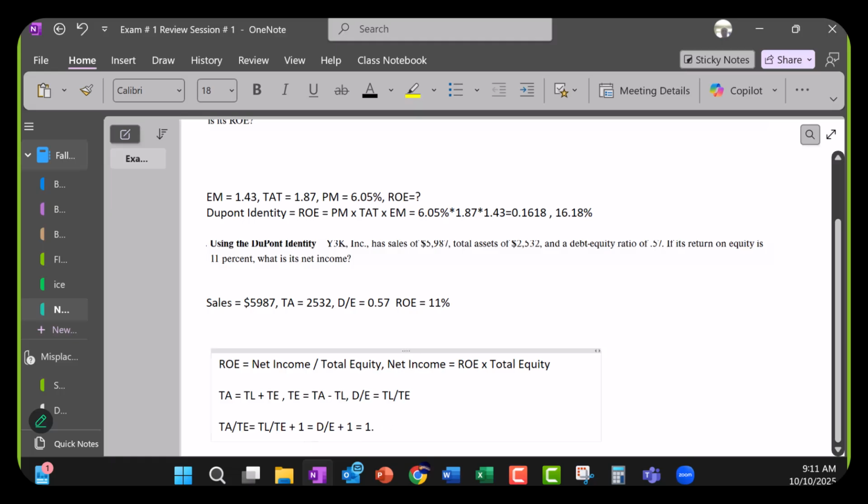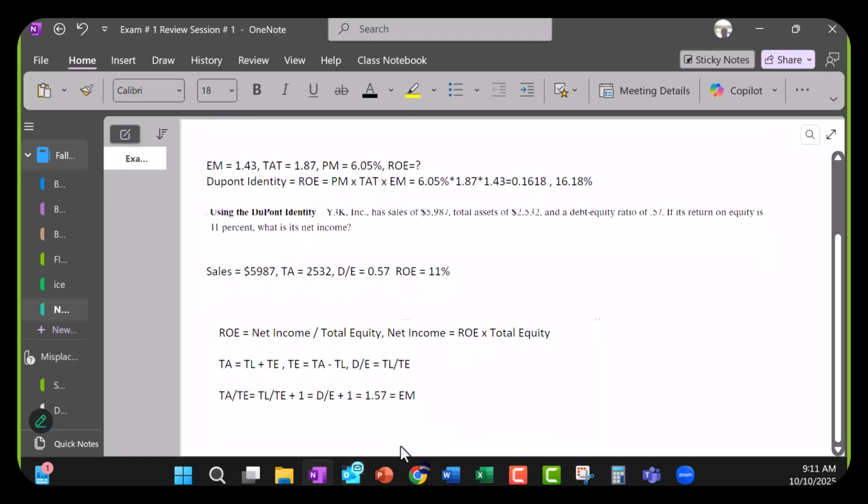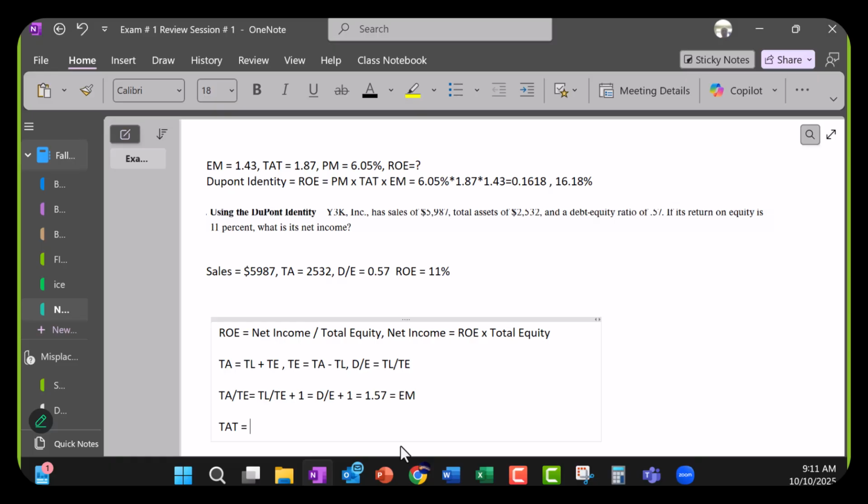All right. But we also have another name for this. This is equity multiplier, right? Can I calculate total asset turnover using these numbers? I can, which is sales over total assets, correct?